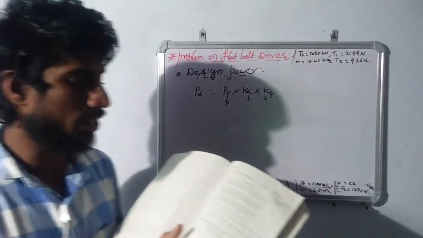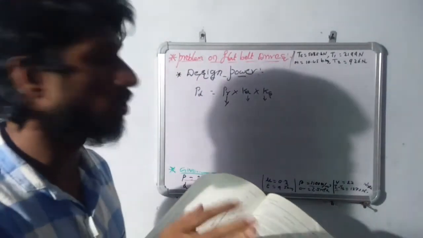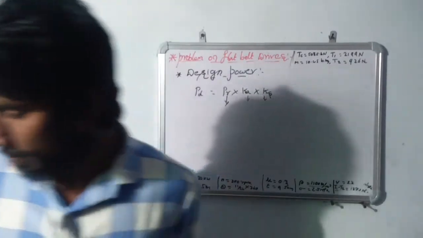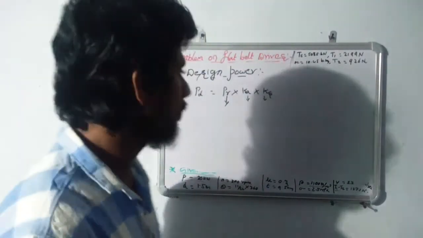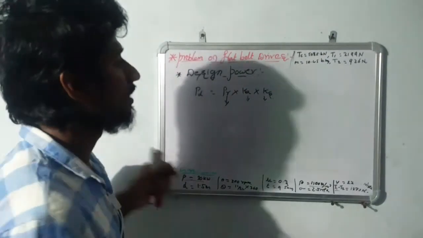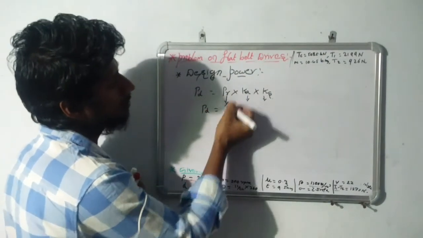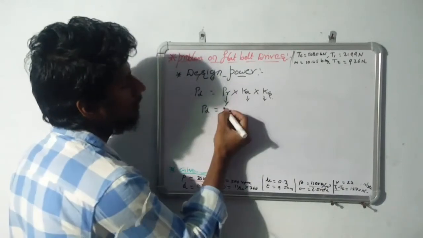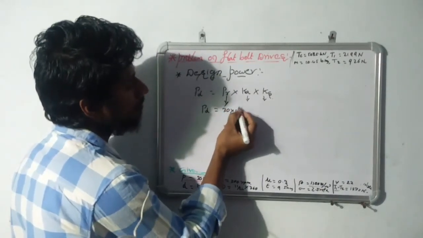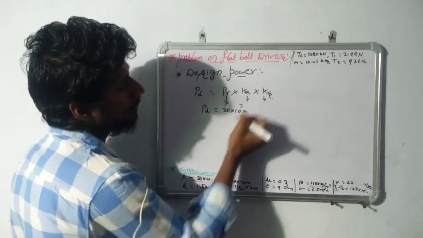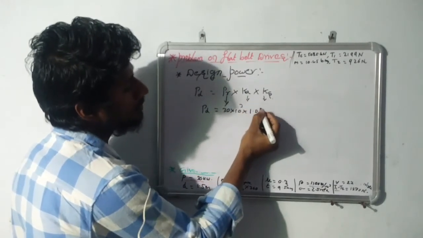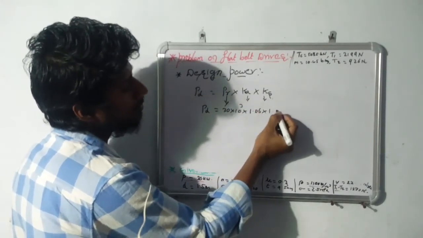So this is the consideration of both K and Ks values. Substituting those values in the above equation, we get the design power PD equal to PR, 30 into 10 to the power of 3, into K, 1.06, into 1.5.